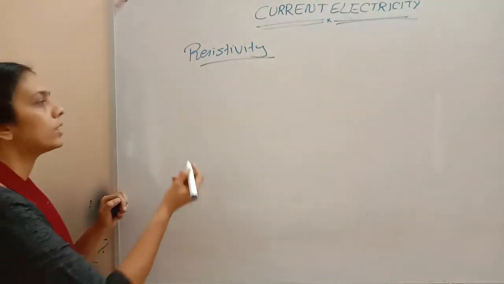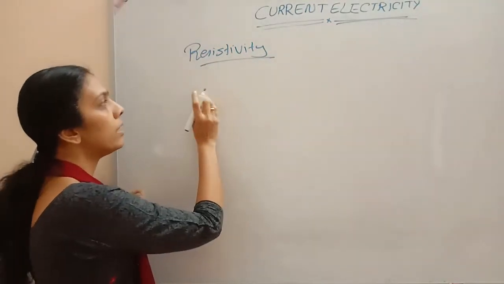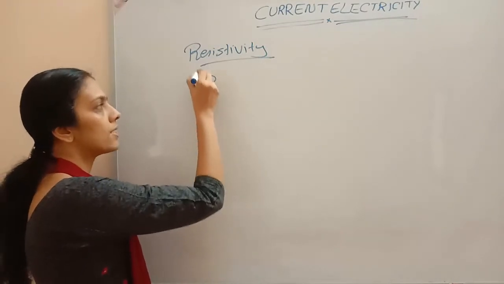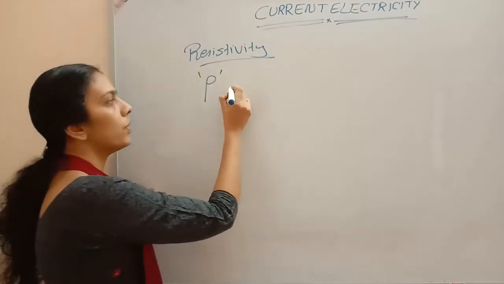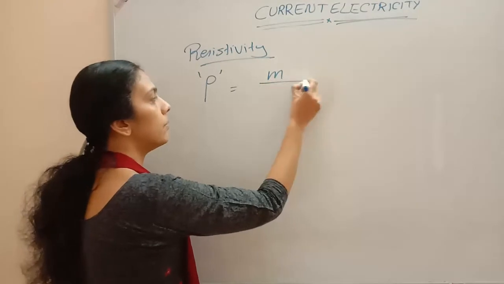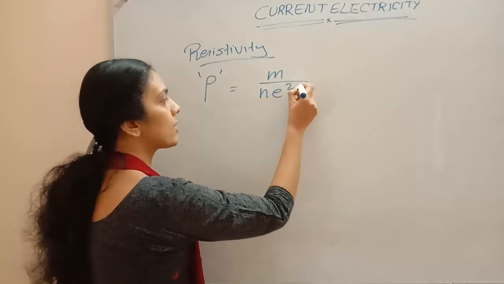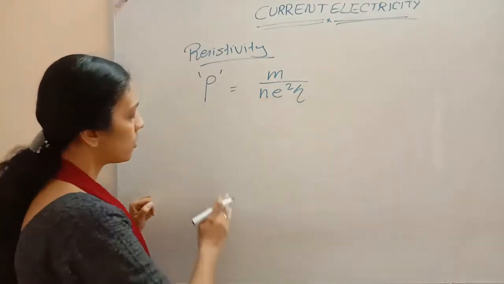We already learned resistivity is represented by rho. Rho we can write as m divided by n e square tau.